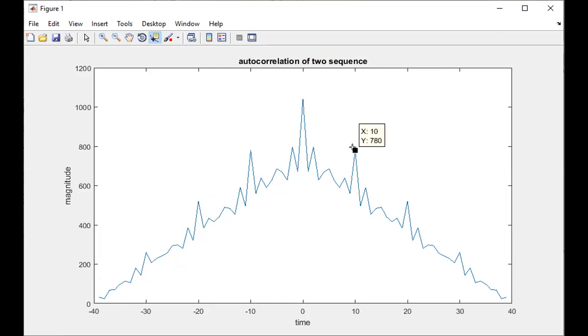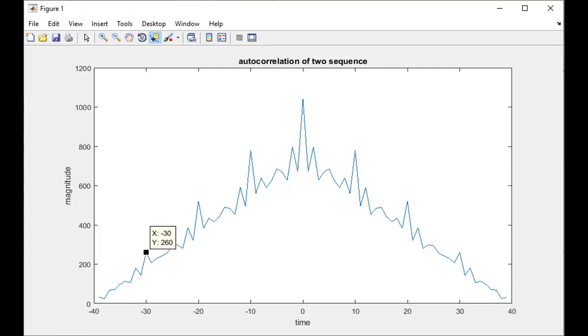This is at 10, the third point is at a distance of 20, and the fourth one is at a distance of 30. Do you see all these points? The first, second, third, and fourth, and even on the left side they are symmetric, right? Minus 10, minus 20, minus 30. That means there are some periodic peaks occurring at a distance of 10.